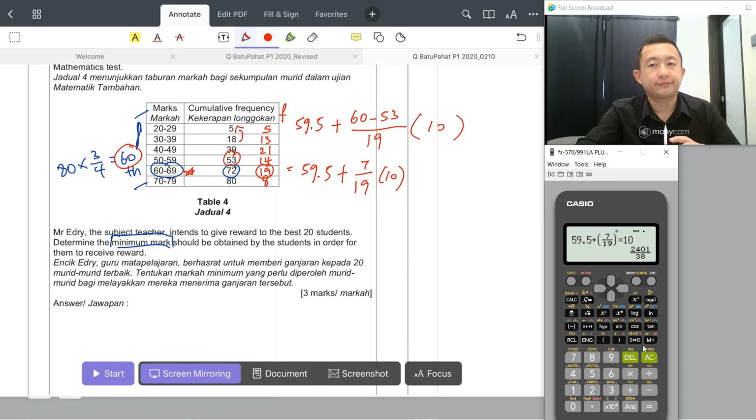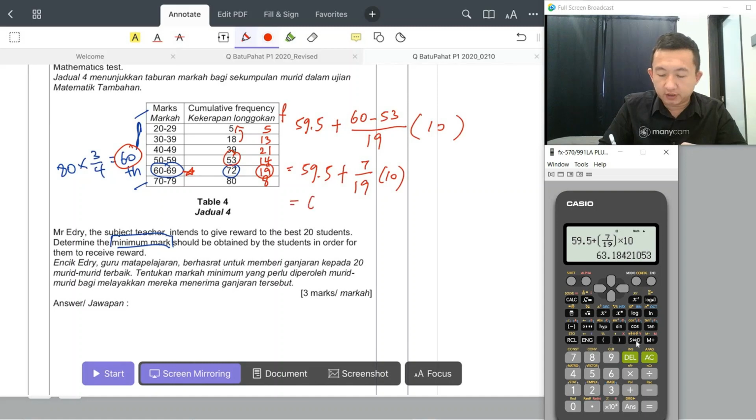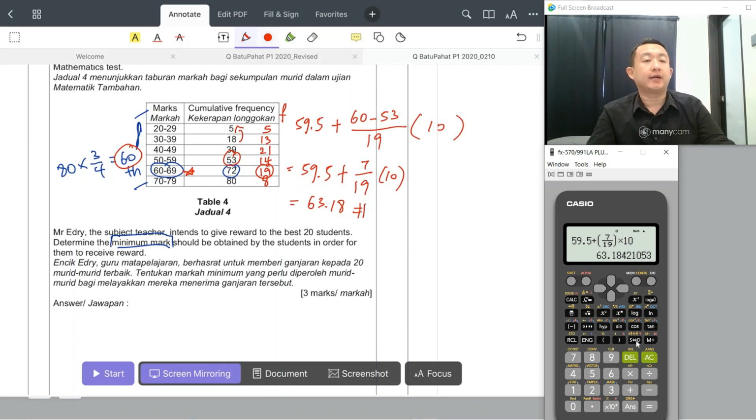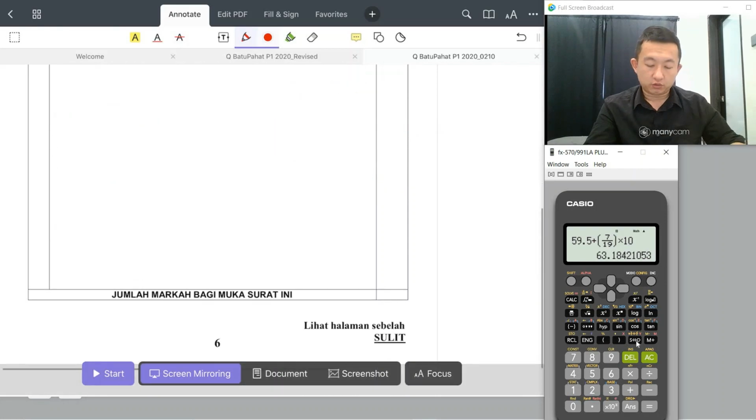And what do we have? 63.18. Okay, fair enough. So that is the minimum mark one needs to obtain to be among the best 20 students to receive the reward. Okay, 63.18, and that's all.